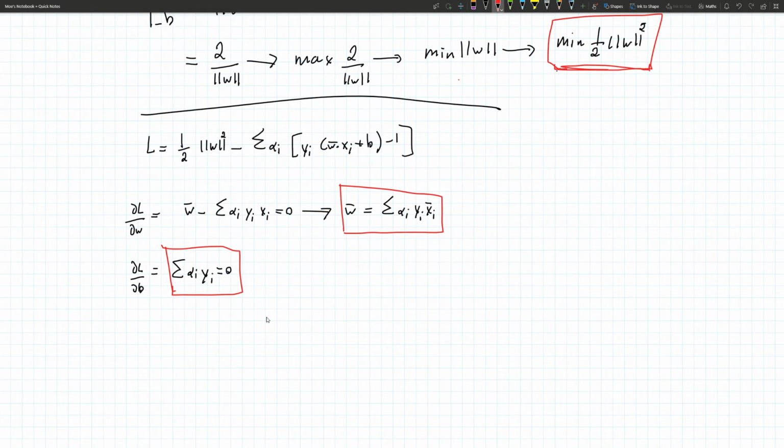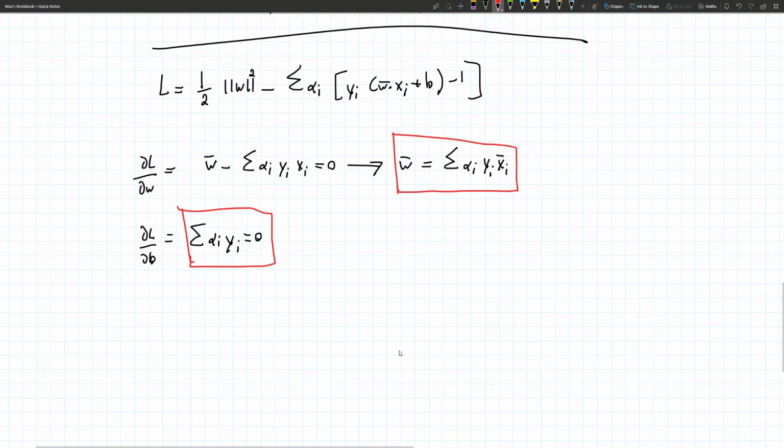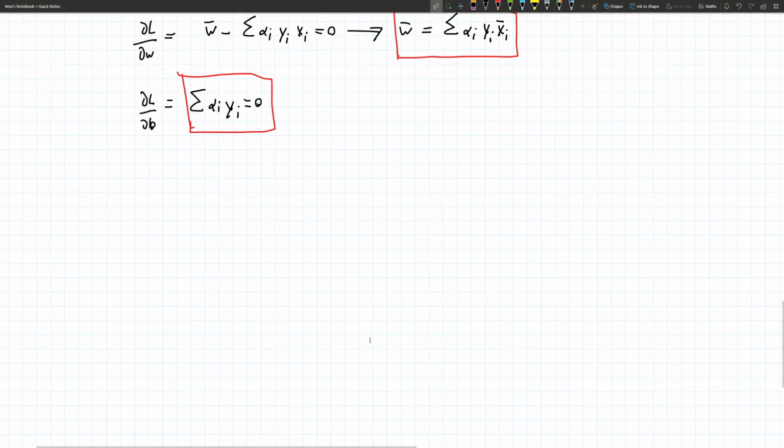So we get these two values. Now that we have a value of w, we apply w to the formulation we got from the Lagrangian.